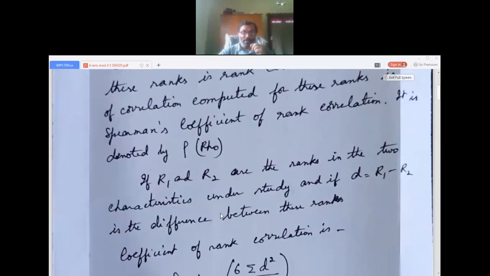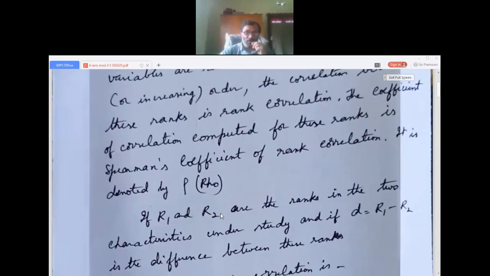Now, if R1 and R2 are the ranks in the two characteristics under study, you will understand more when we solve problems.